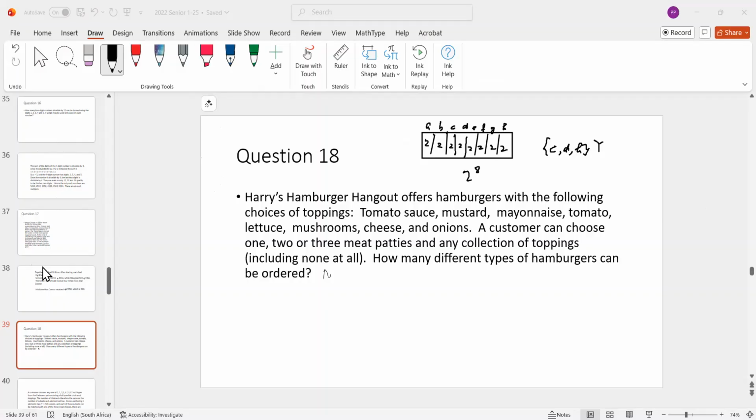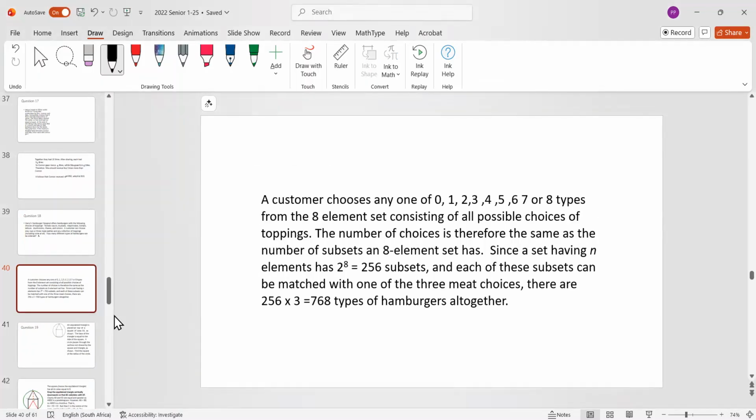Okay, so let's get on to the next problem, which is 19. Oh, but before that, hey, wait a minute. I haven't solved the problem because I said for one patty, there are 256 possibilities, but there are 3 patties.